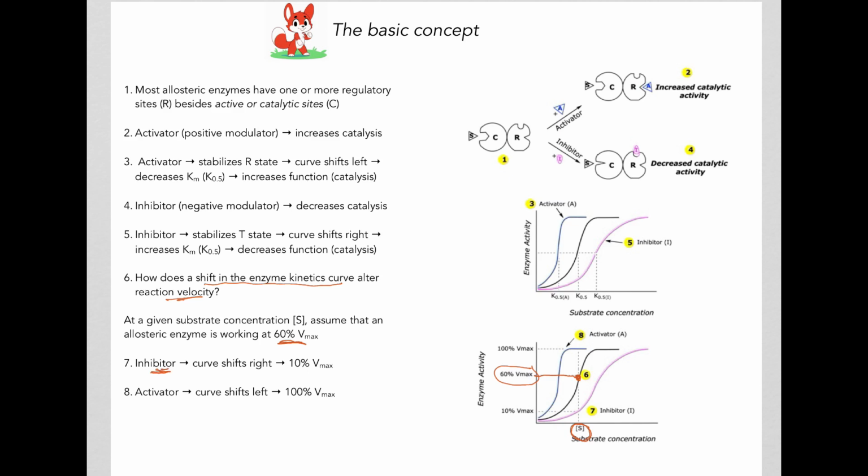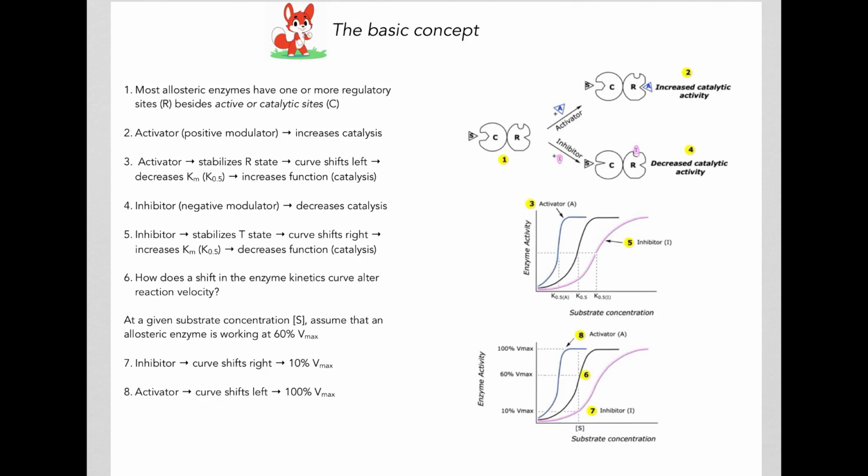The inhibitor will bind to the enzyme, and now the curve is going to shift to the right. So we have this new curve in the presence of inhibitor. Now at the same substrate concentration, you can see the enzyme is working only at 10% Vmax. So from 60% Vmax, in the presence of inhibitor, the enzyme is now only working at 10% Vmax. That's how the velocity of the enzyme is decreased.